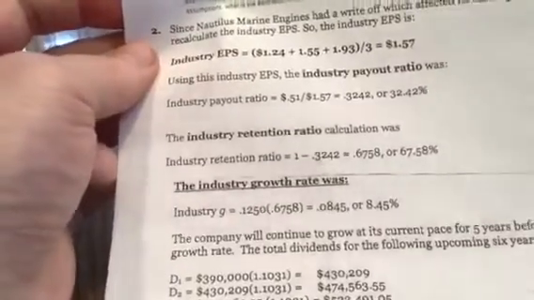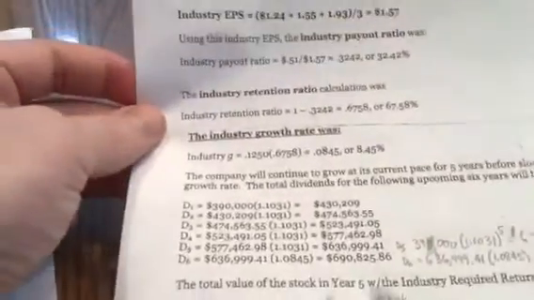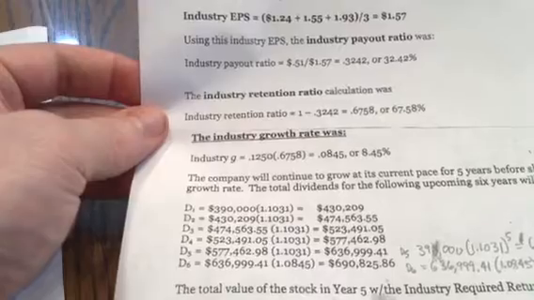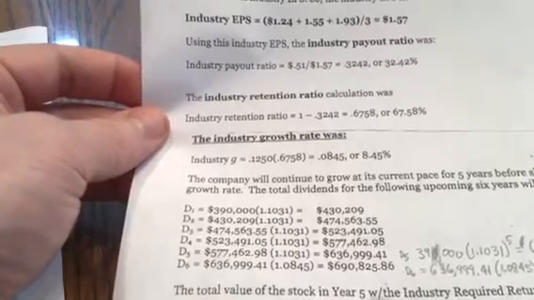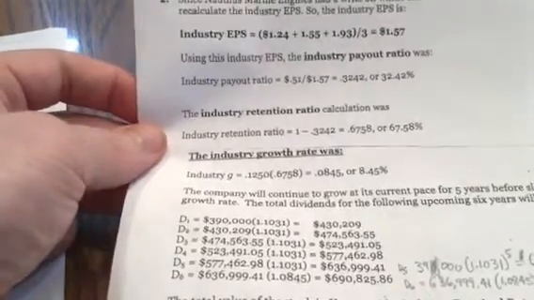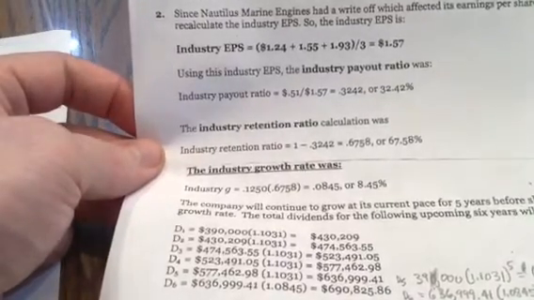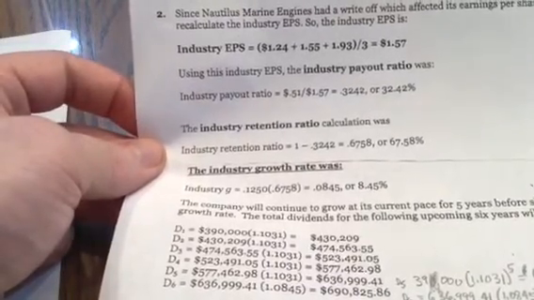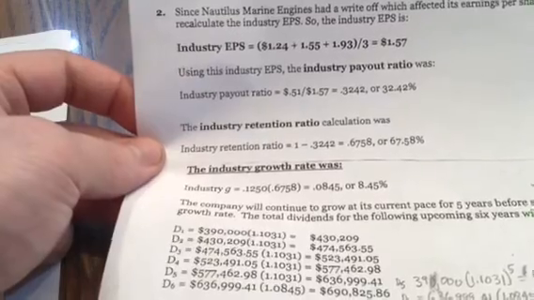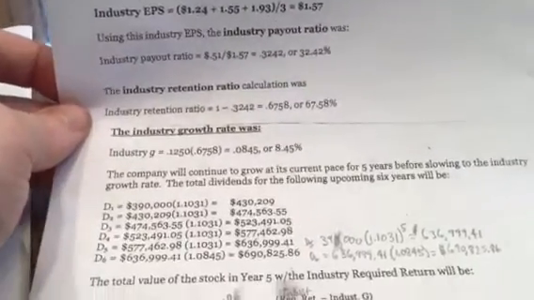Now we get the industry growth rate as we previously calculated. G equals 0.1250, and we multiply that by our industry retention ratio, and we get 8.45%.